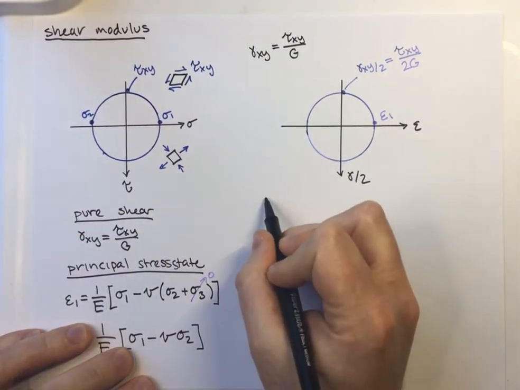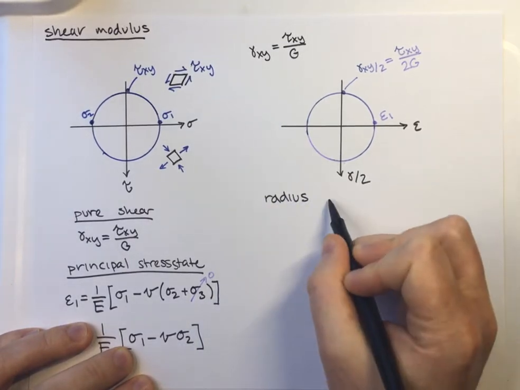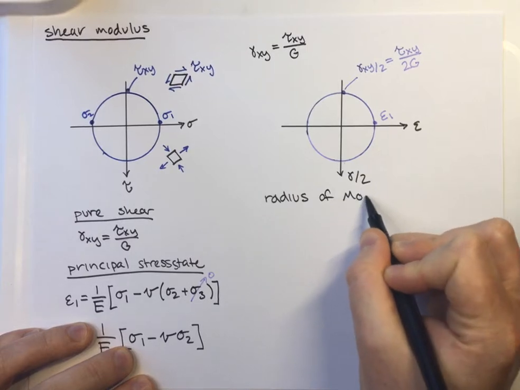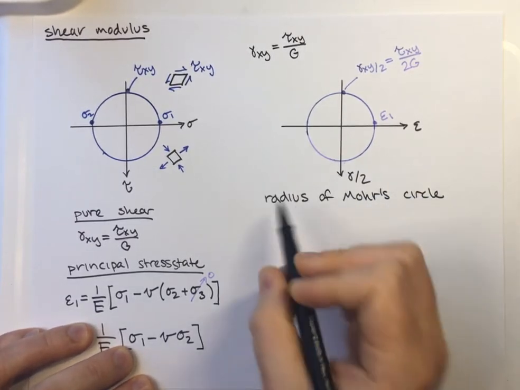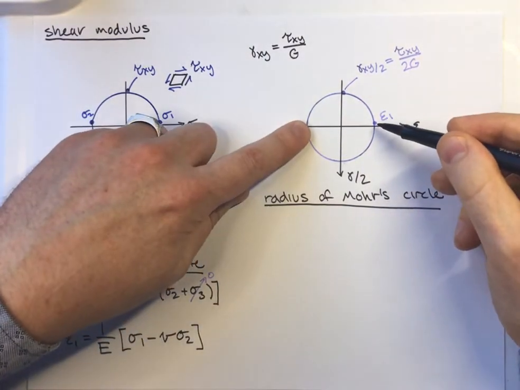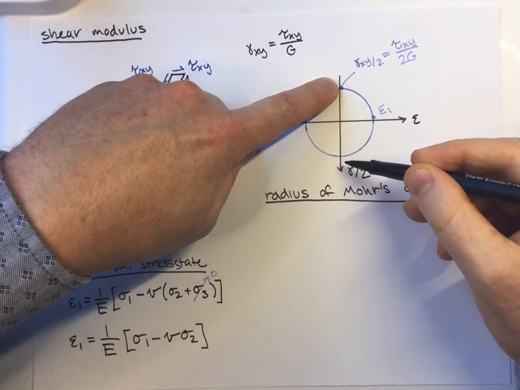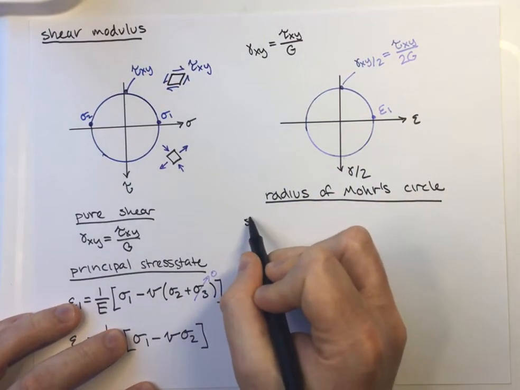And the thing that I'm going to take advantage of here is we know the radius of each of these Mohr circles. That's going to allow us to relate things happening on the principal axis with the things happening on the pure shear axis. So I'm going to start with strain.